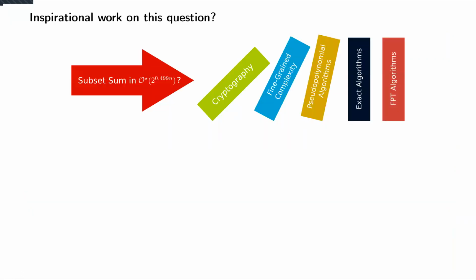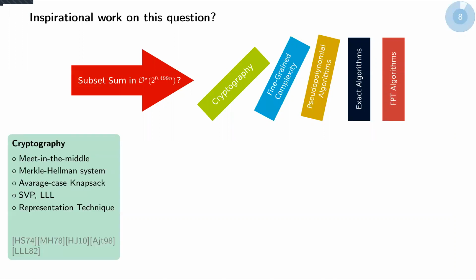Before I proceed with the description of the algorithm, let me tell how this question, whether you can break meet in the middle for subset sum, influenced different areas of theoretical computer science. Firstly, it influenced cryptography. With this question, we have the meet in the middle algorithm, but also the Merkle-Hellman systems.